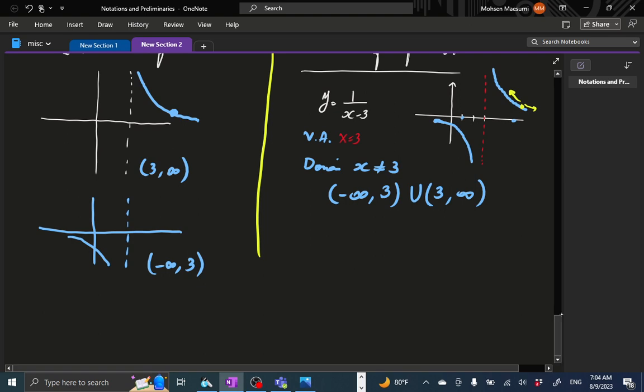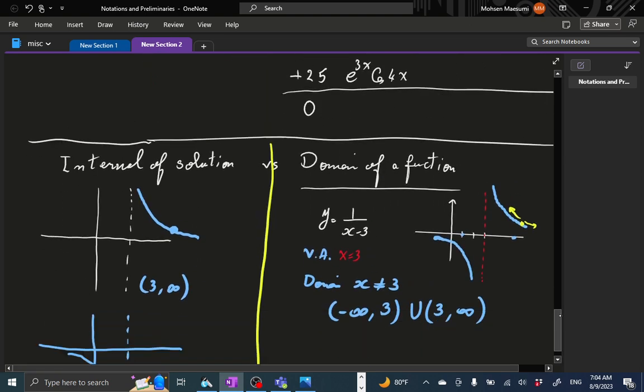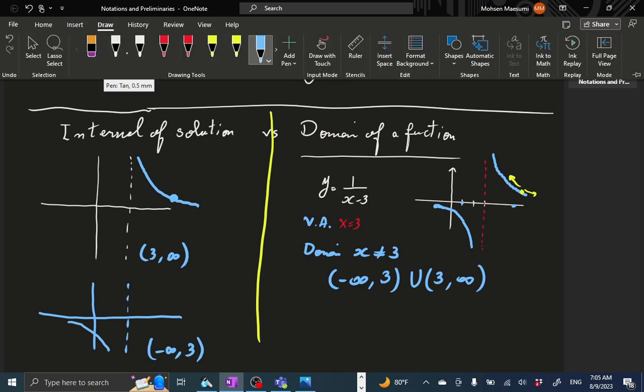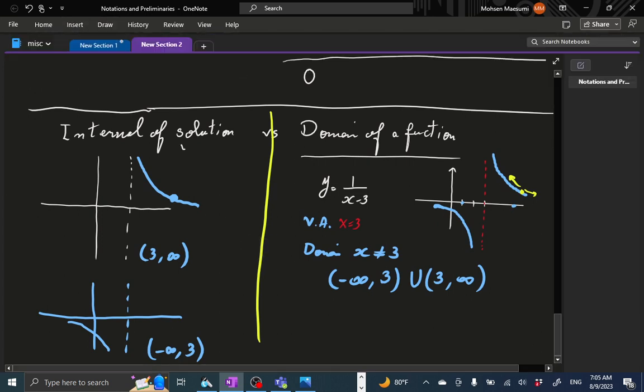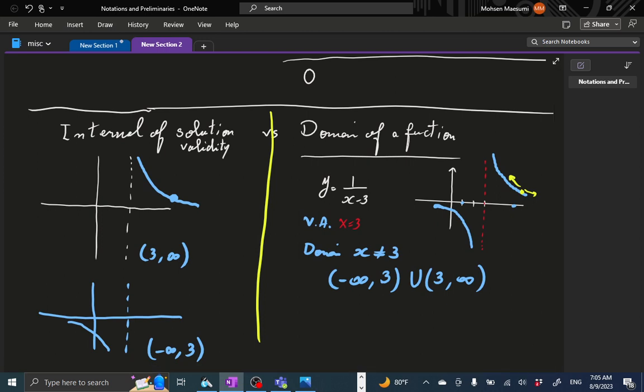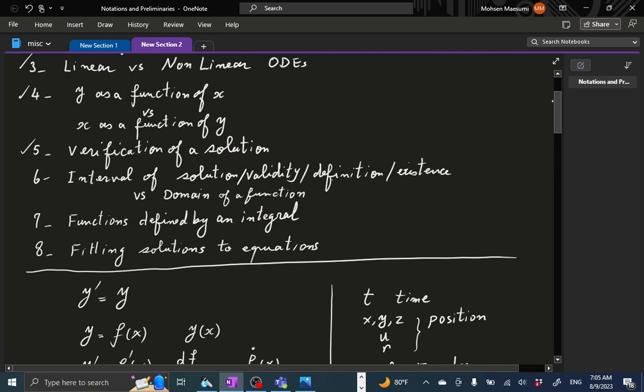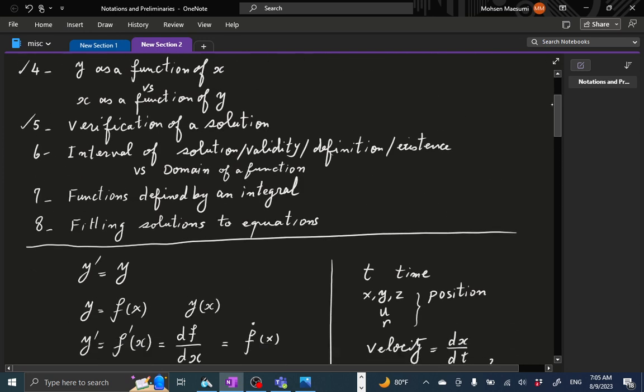We had a bunch of names: interval of solution, validity, existence, and then one more word, interval of definition.